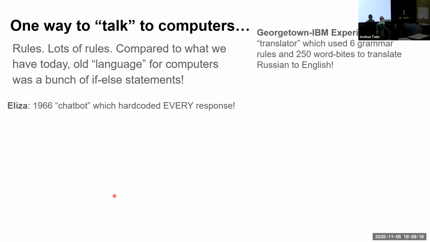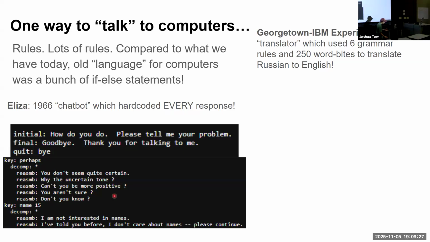There are ways to talk to computers that don't require neurons, that don't require training a lot, and they're also very old. We have one called Eliza, 1966. It's a chatbot where every single response is hard coded into it. It's a lot of if-else statements, and it's supposed to be a therapist.